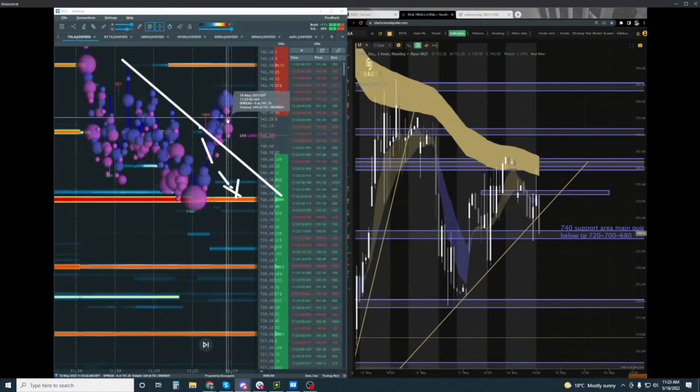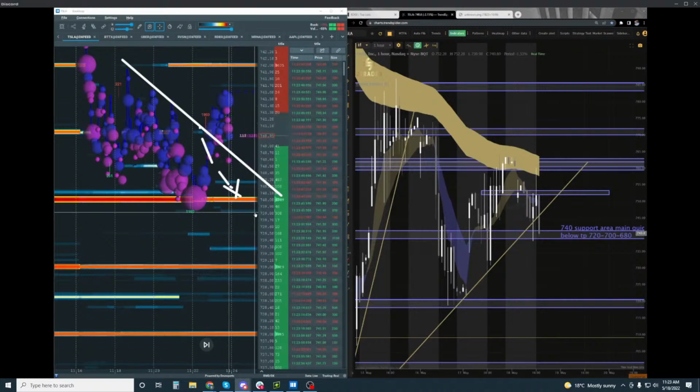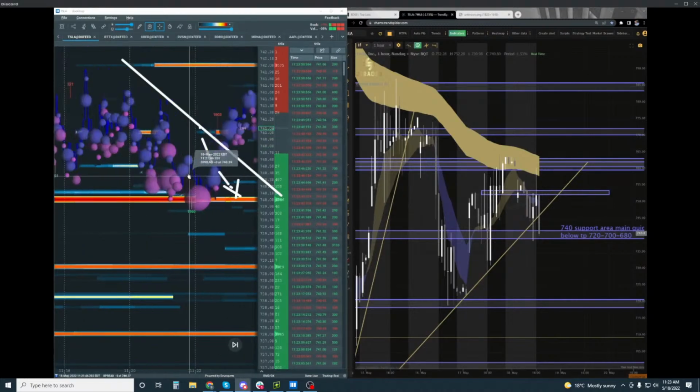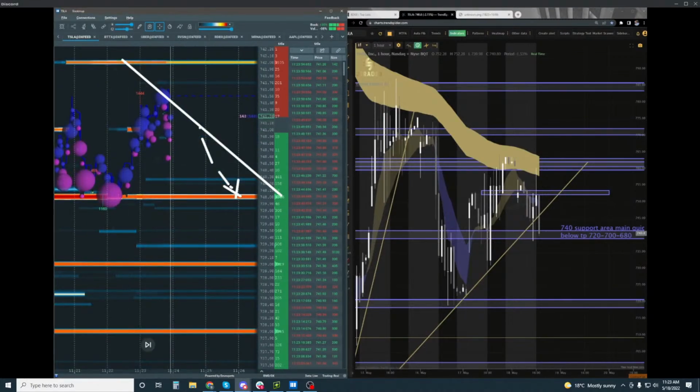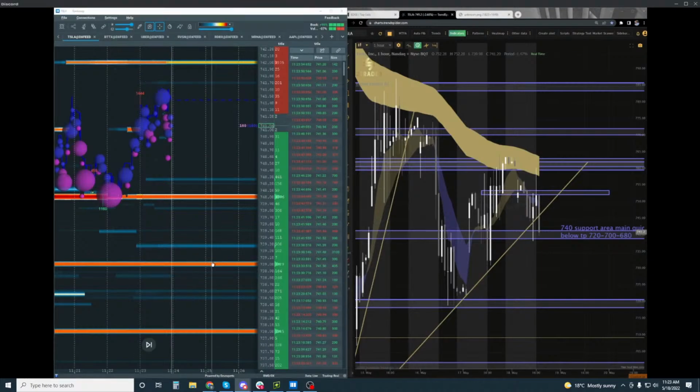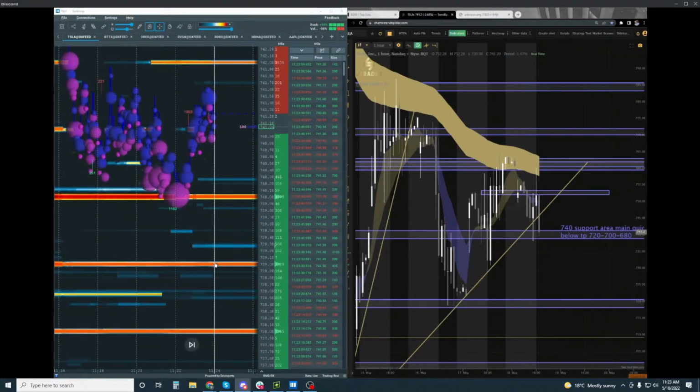Again, you see they're trying to break over here. Boom, a seller joins. So there are a little bit of aggressive sellers over here all along the way. Each of these pops was sold.